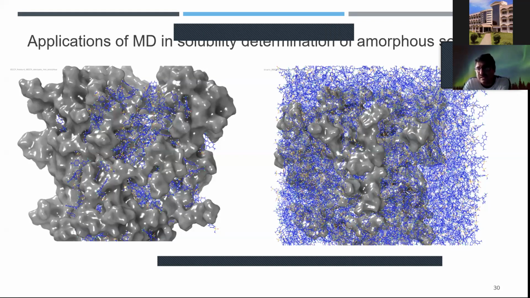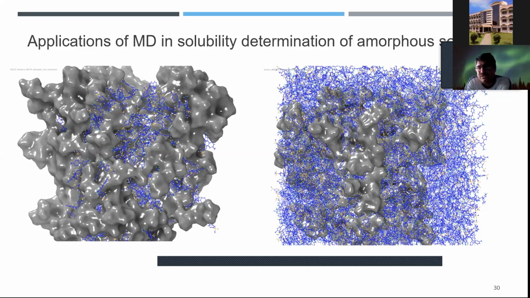To enhance the activity of these drugs, we need to enhance their solubility. Amorphous solid dispersion is a good choice for that, but the choice of polymer is a very critical factor.